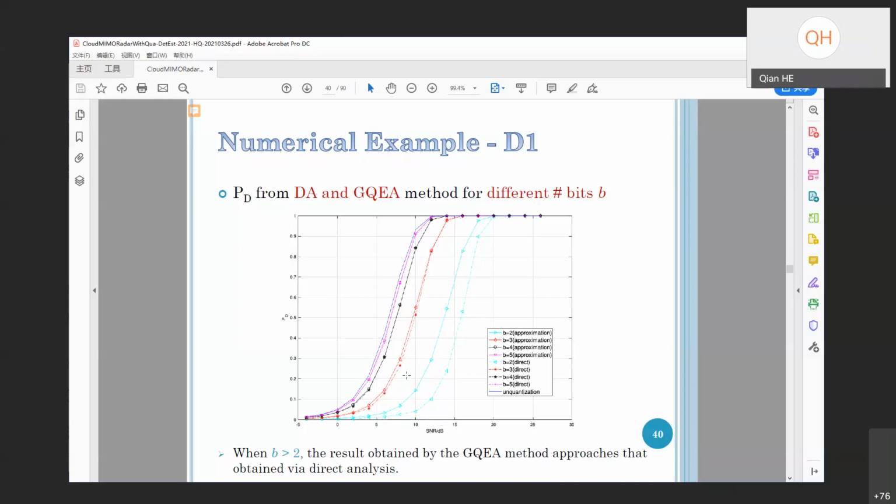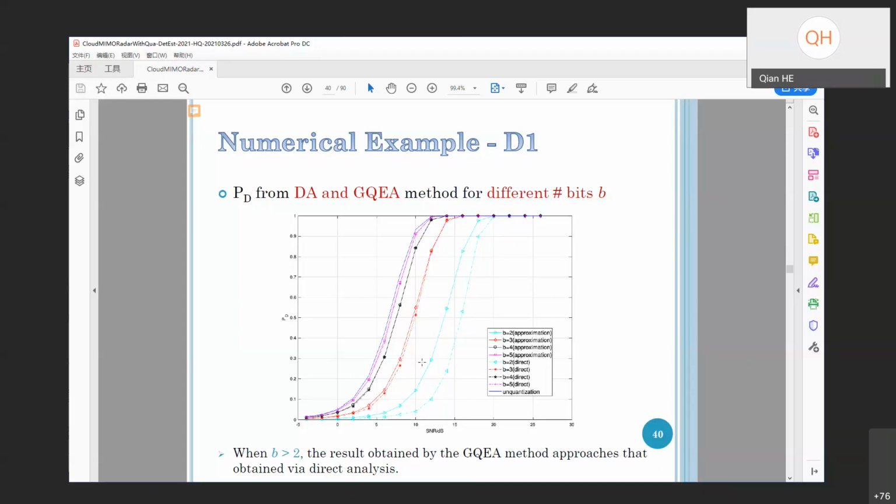Because you are given a fixed dynamic range, if you increase the number of bits, your quantization step becomes smaller, and the condition we set will be satisfied. So that is why this is telling you, as long as the number of bits is bigger than or equal to 3, you can use our Gaussian error approximation.